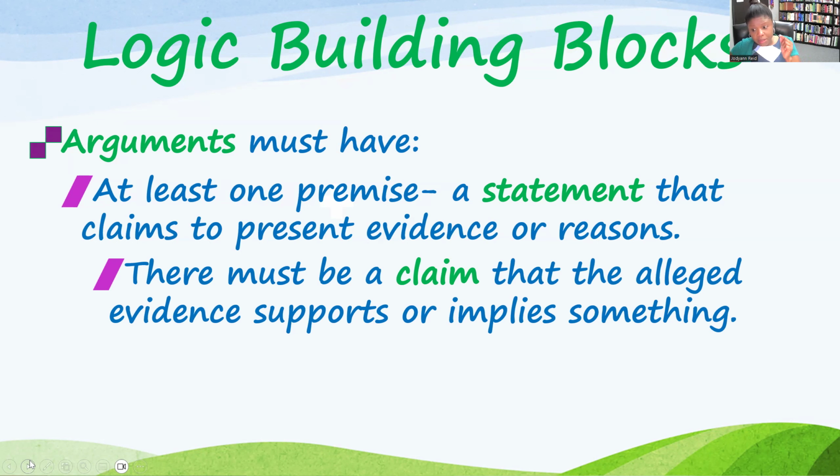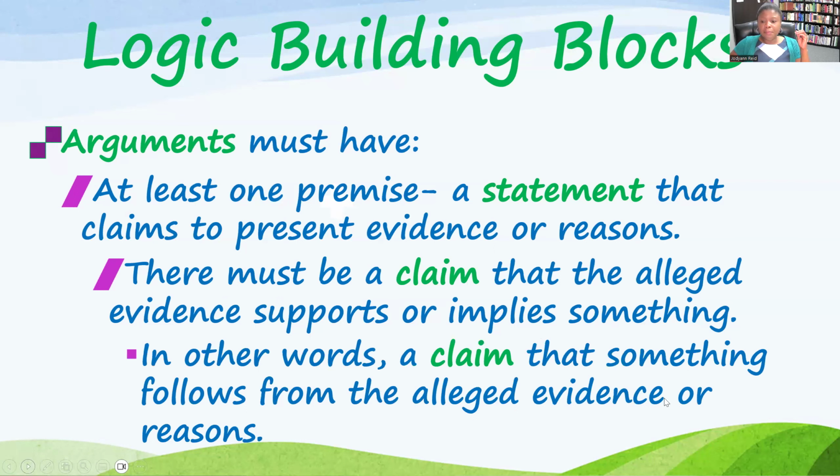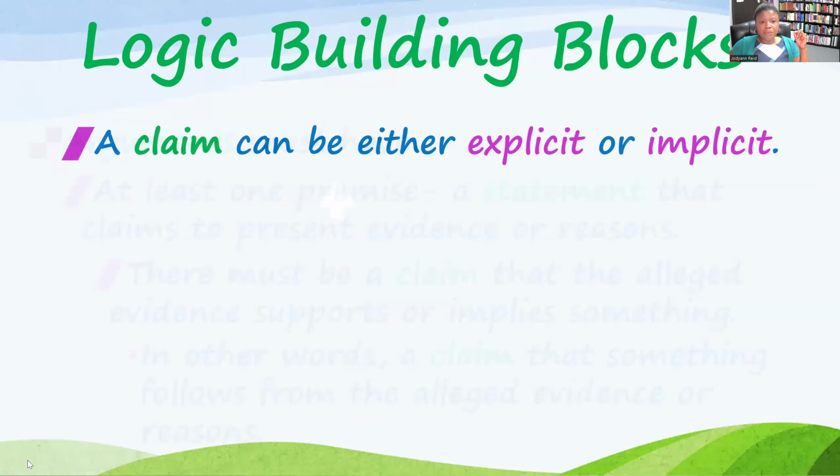You want to look for a premise, and then you want to look for the claim that the premise is making. The claim, in other words, is something that follows from the evidence or reasons. A claim can be either explicit or implicit.